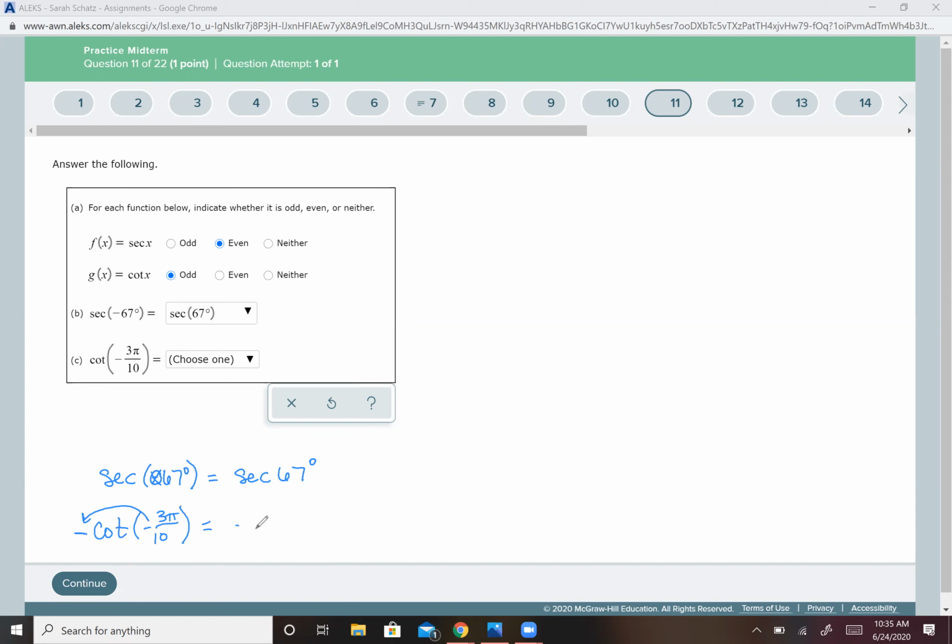And I know it doesn't seem like that's much better, but guys, when we're working problems, having a negative angle in your trig function here is a problem. It's often a big problem. So being able to take it out and put it in the front is very helpful. So for this one, you'd click the one where the 3 pi over 10 is positive in there, but the negative is out in front.